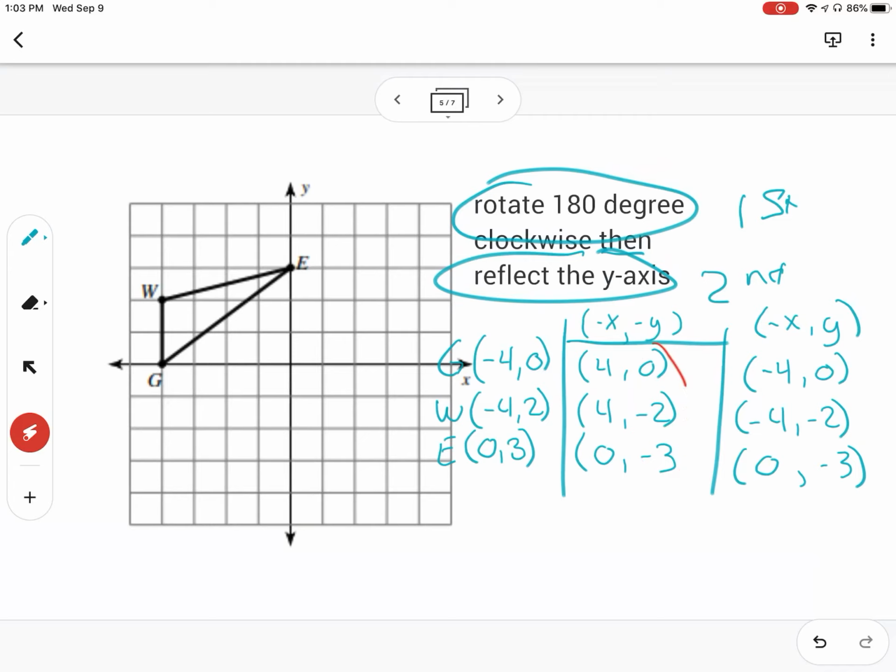So I made all of these negative, and I left these the same. So this final column is our new point, so we'll graph those. Negative 4, 0. Negative 4, negative 2. And then 0, negative 3. There we go.